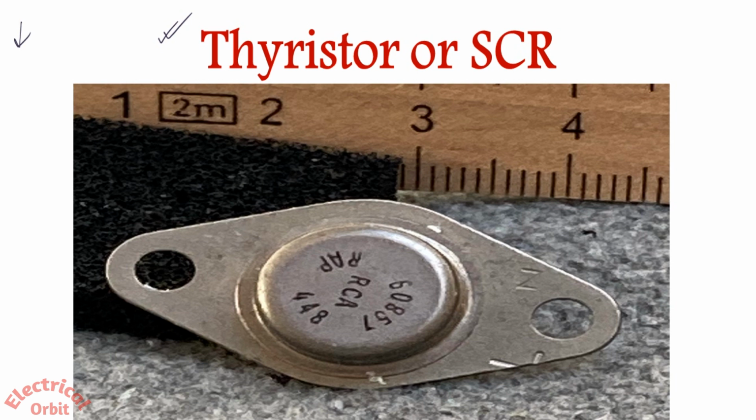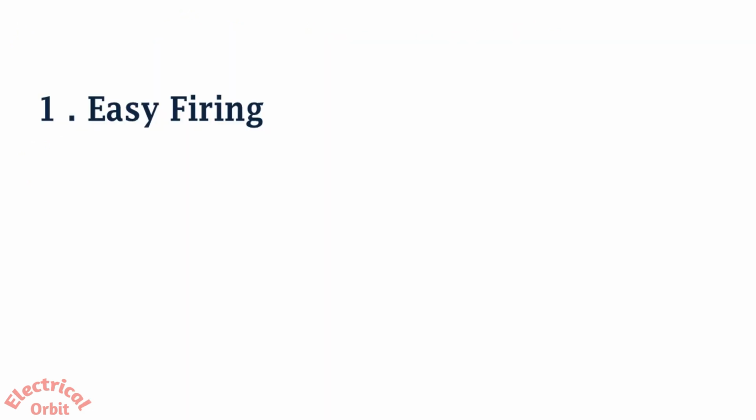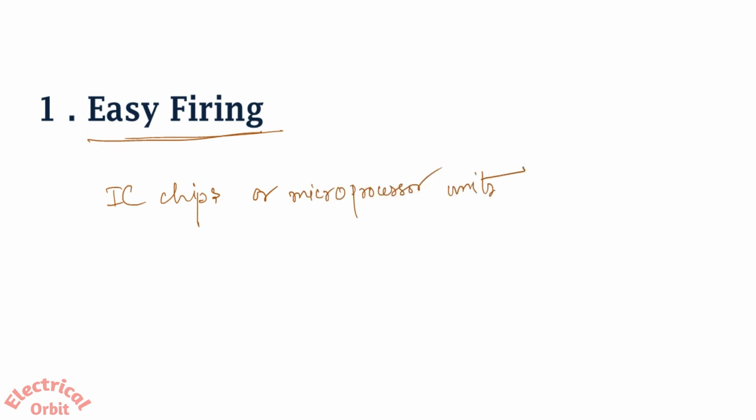Now your question will be, why thyristor? Why not ignitron? The first advantage is that it has an easy firing technique. That means we can use IC chips or microprocessor units to fire the thyristor. So we can perform this firing process in a less expensive way.